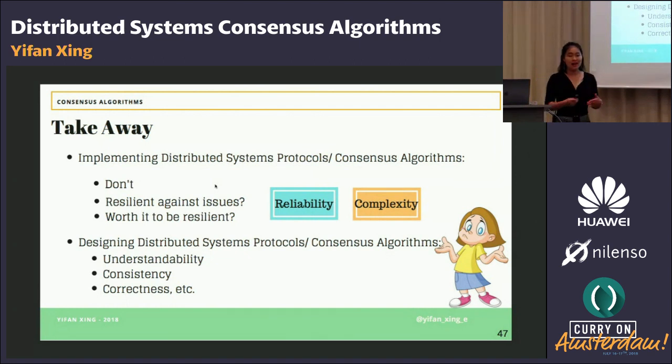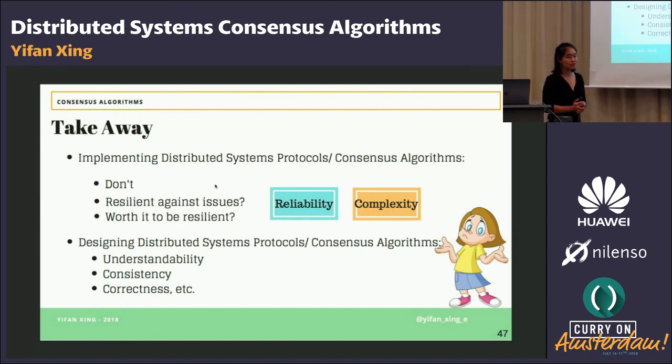In academia, when you're designing consensus algorithms and distributed system protocols, you need to not only think about the correctness and the consistency of your algorithms, you also have to consider the understandability. You want people to be able to understand your algorithm and therefore implement it correctly, to be adapted to their environment, to be used in the industry.